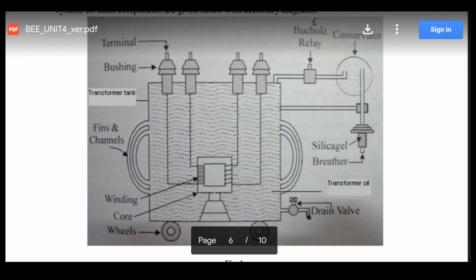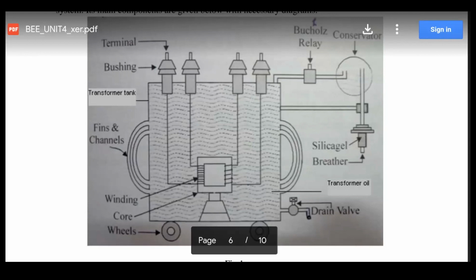Okay, and this core is not a single body, it is made up of thin laminated sheets. Lamination is done so that there are no eddy current losses, and these are thin, of the order of millimeters, 0.3 mm and so on, and then they are bolted.